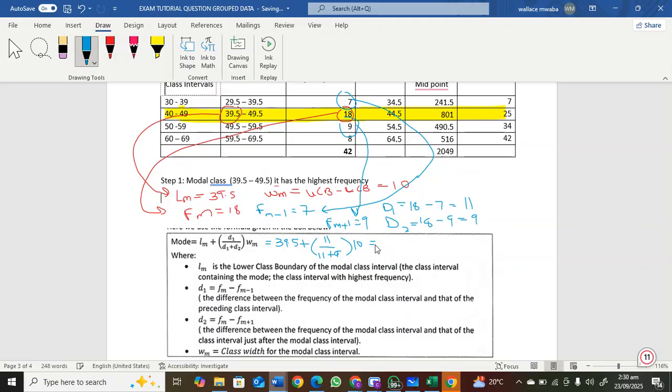So 11 plus 9 is 20. So 11 divided by 20 is 0.55. So 39.5 plus 0.55 multiplied by 10.